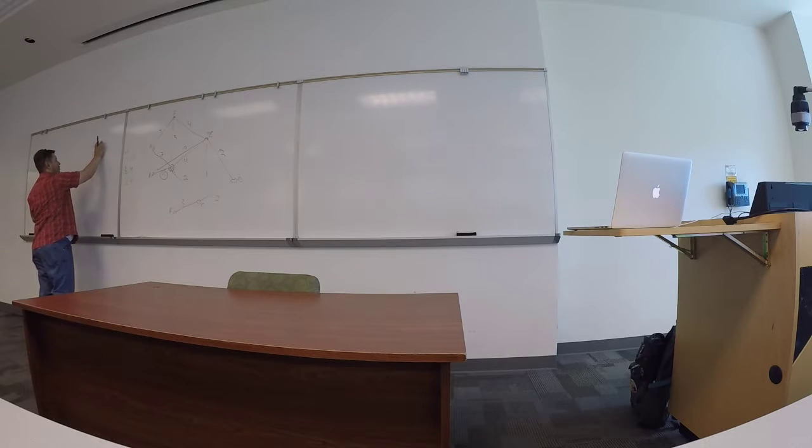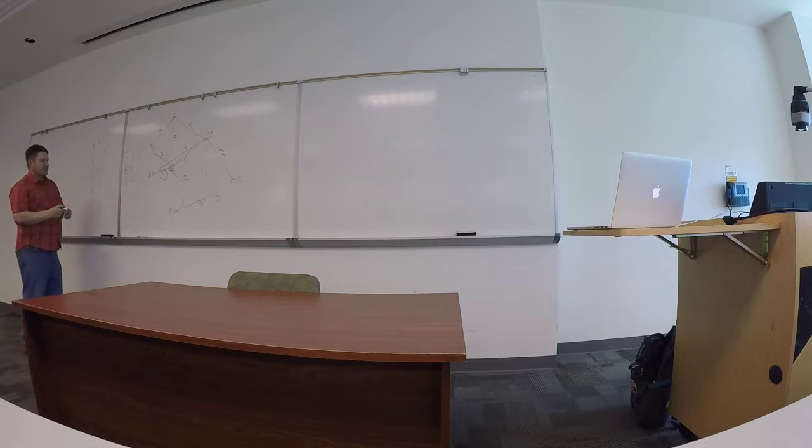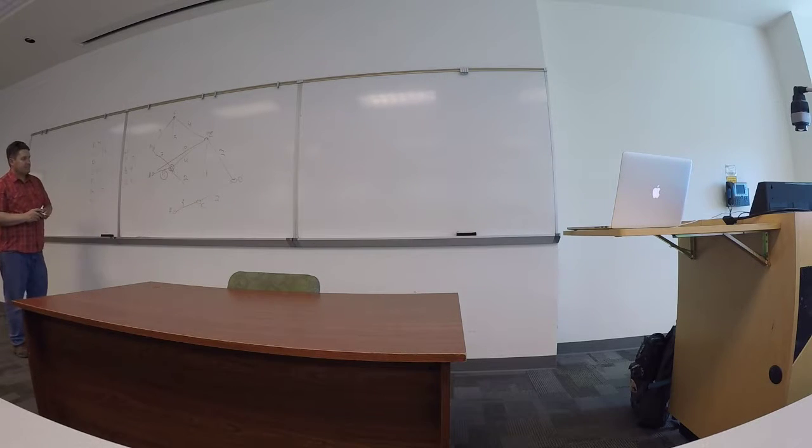I'm going to do this in a column. So this is our initial state, and C is at 6. Where else can we get to? G. We can get to G at 7. What else? We can get to E at 8.